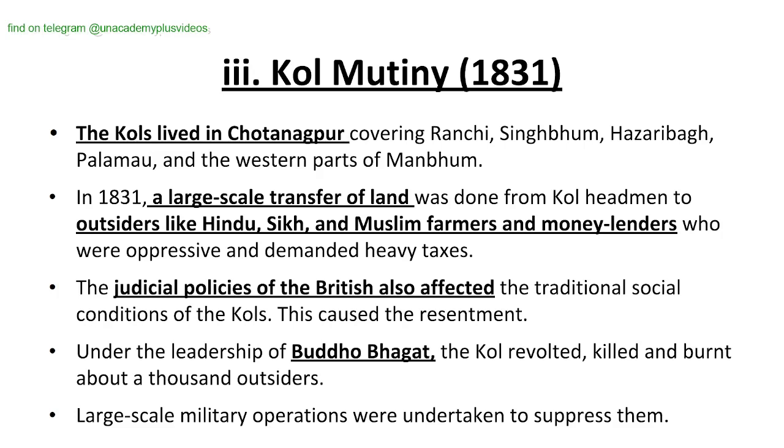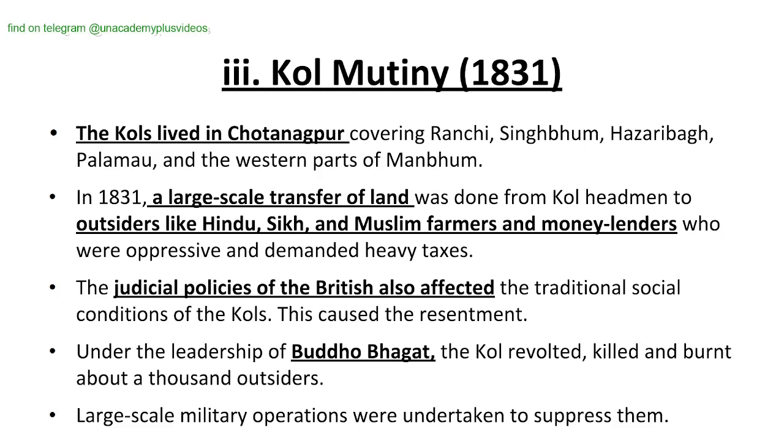Kol Mutiny. The Kols lived in Chotanagpur, covering Ranchi, Singhbhum, Hazaribagh, Palamau, and the western parts of Manbhum. In 1831, a large-scale transfer of land was done from Kol headmen to outsiders like Hindu, Sikh, and Muslim farmers and moneylenders who were oppressive and demanded heavy taxes.